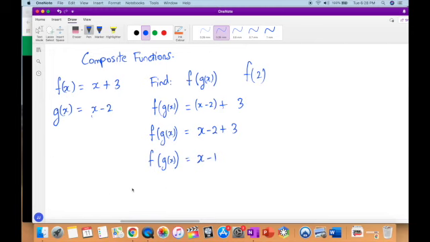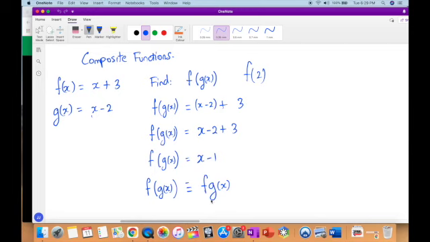Something that might confuse you is just another way of writing it. Instead of writing the f and brackets the g of x, some questions would just write it like f g of x. And you have to know, I had to take the g of x and put it inside that one.